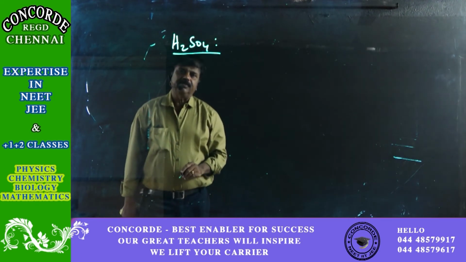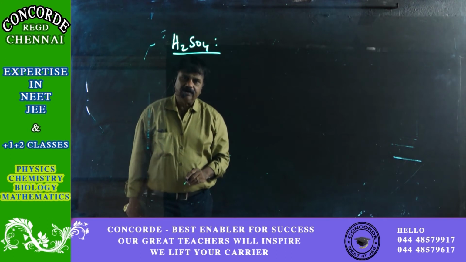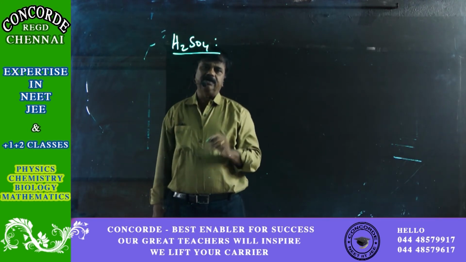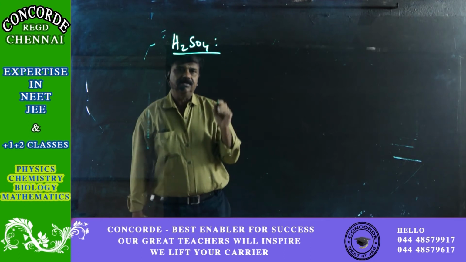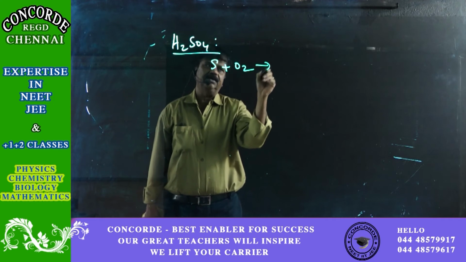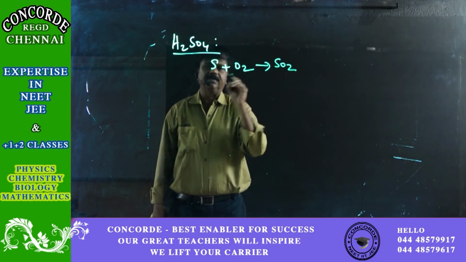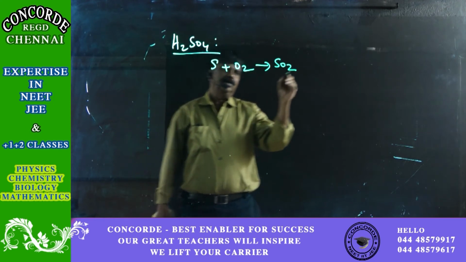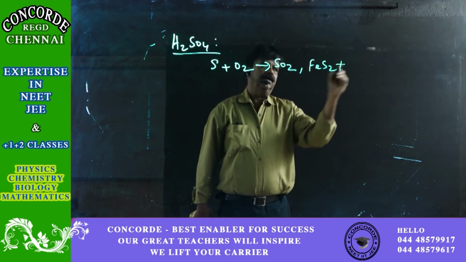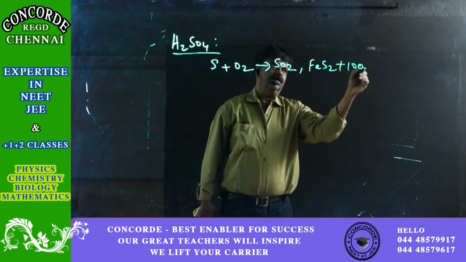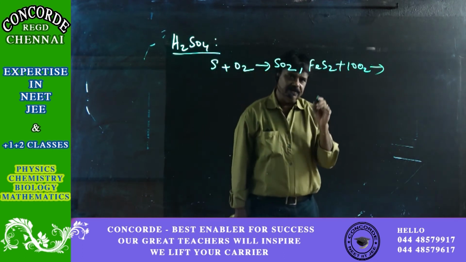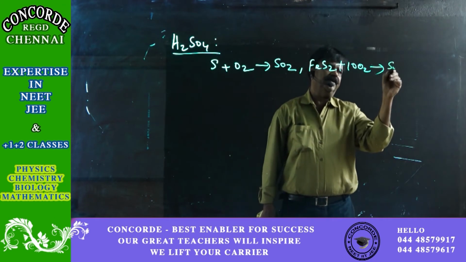Sulfuric acid is prepared commercially by the contact process, which involves several important steps. The main step is the production of sulfur dioxide, either by burning sulfur with oxygen or by heating sulfide ores with oxygen.